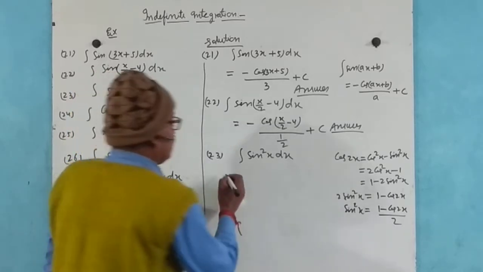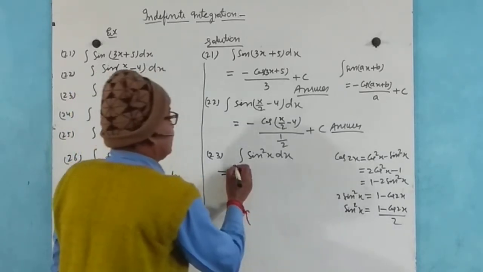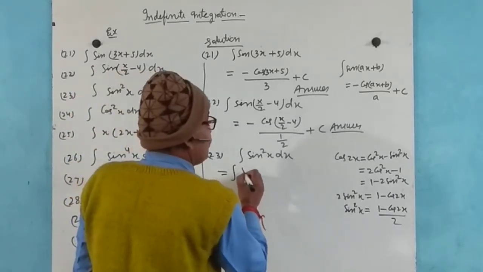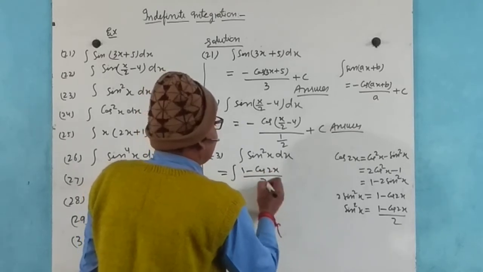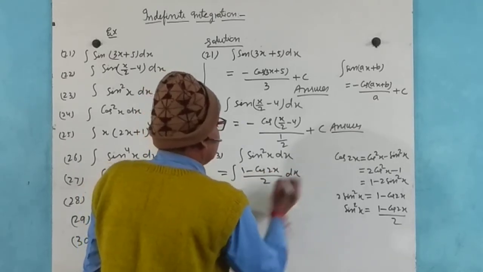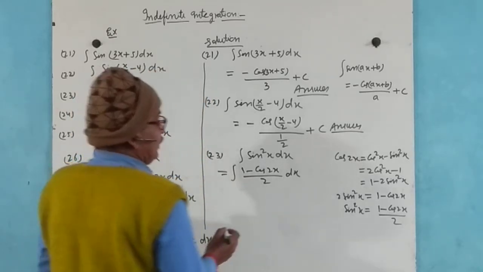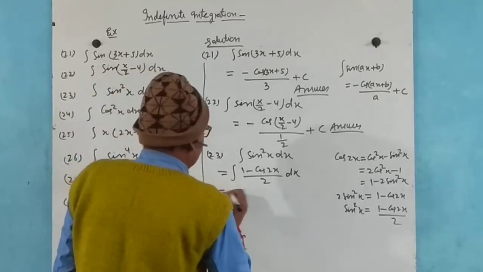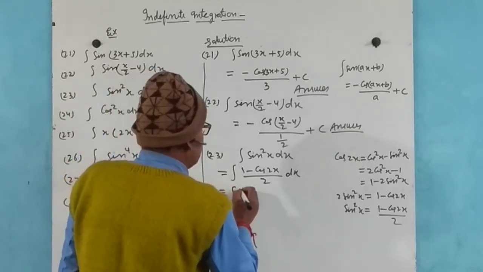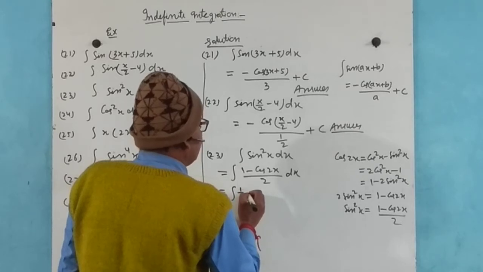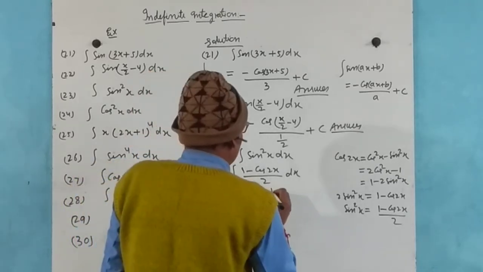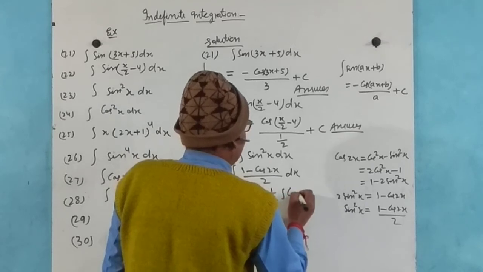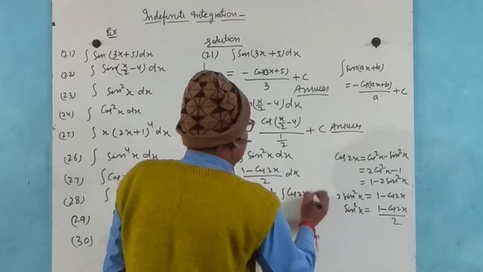So here, integration of (1 minus cos 2x) divided by 2 dx. Now separate it: integration of 1 by 2 dx minus 1 by 2 integration of cos 2x dx.